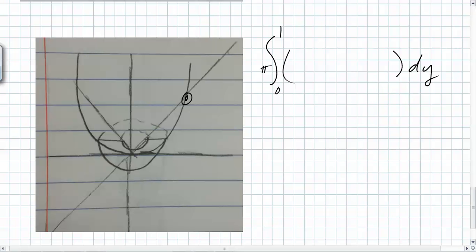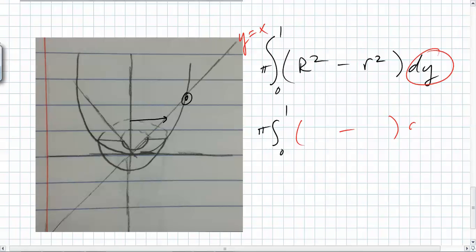Now here's the deal. You have to be careful about this. So you have the big radius, and then you have the little radius. Which one's a little easier to describe, the inner or the outer? I would say the inner radius is easier. And what's that line? y equals x, right? So you have minus what squared? Minus, no, because you want it in terms of y, so it's y squared, because it's x equals y.